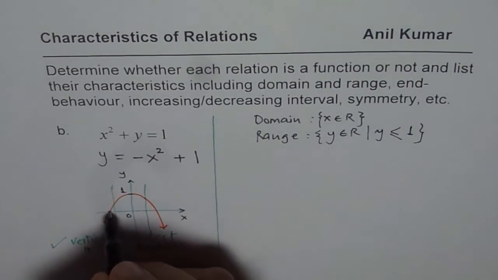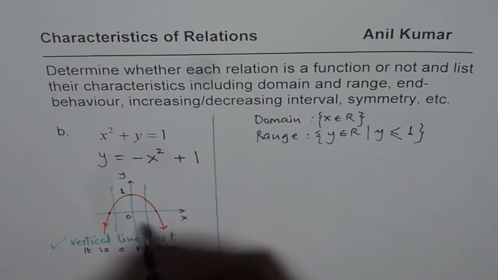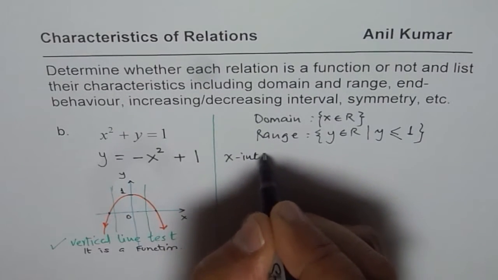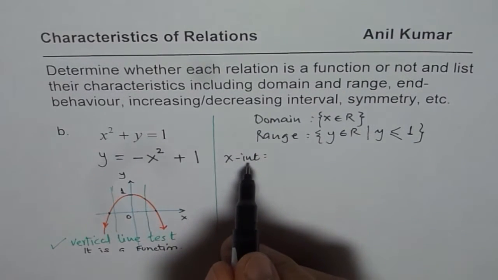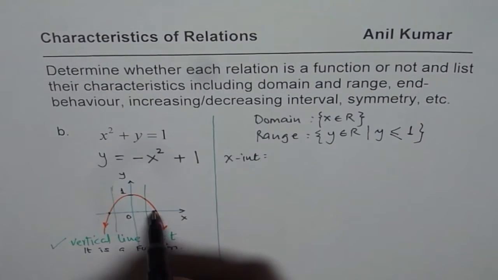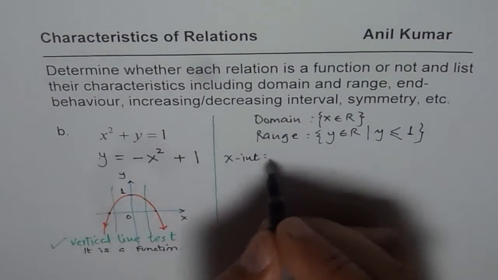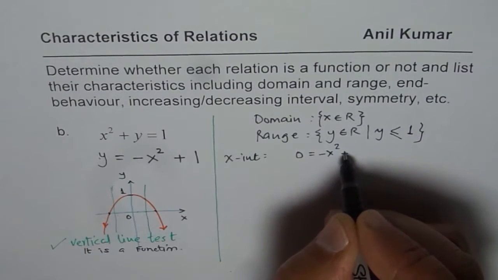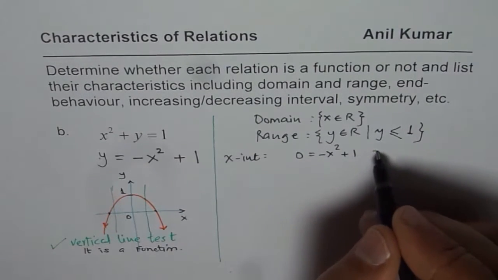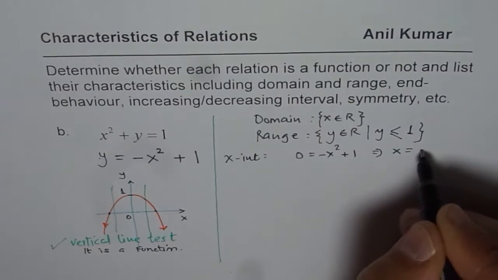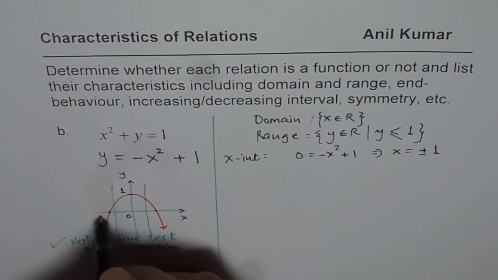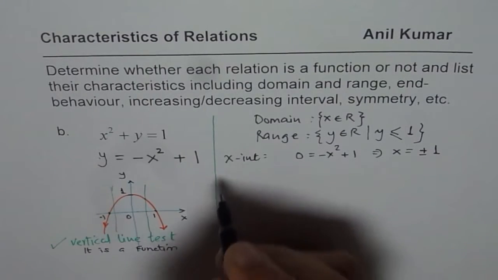Now we can find the x and y intercepts. We can say from other characteristics what is x-intercept. X-intercept is a point where y is 0, right? So if I write y as 0, we can calculate 0 equals to minus x squared plus 1. That gives me x equals to plus and minus 1. So x-intercepts are at x equals to plus and minus 1.